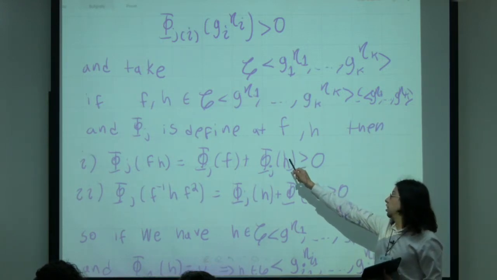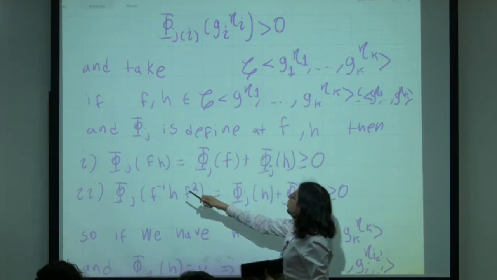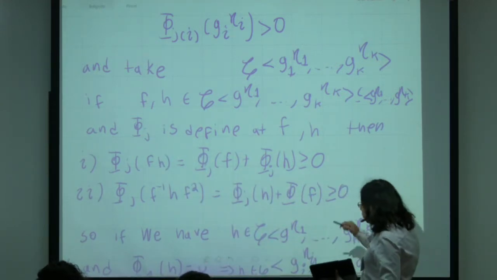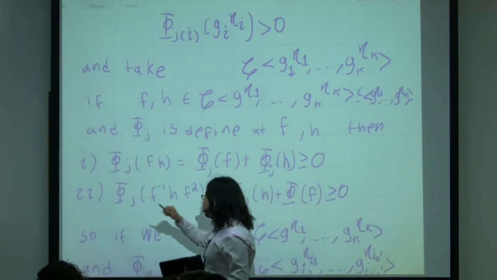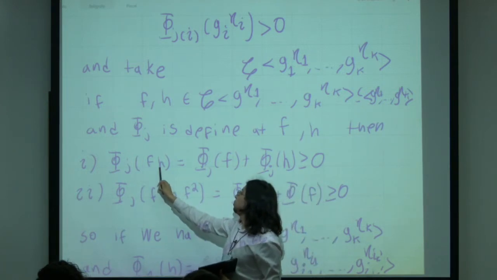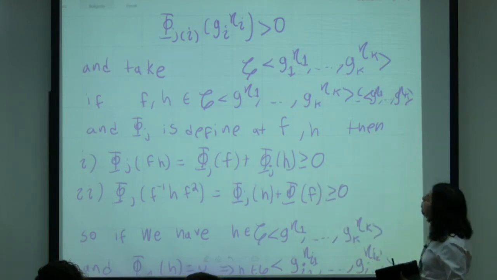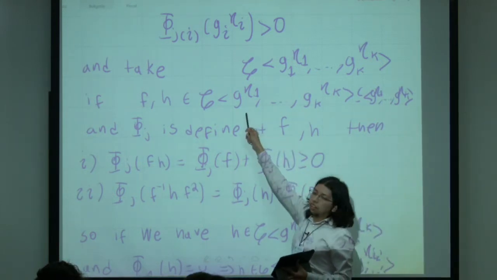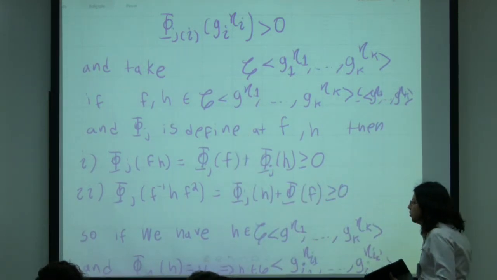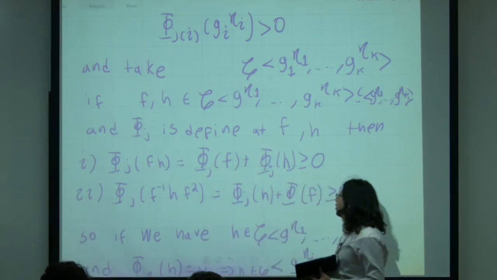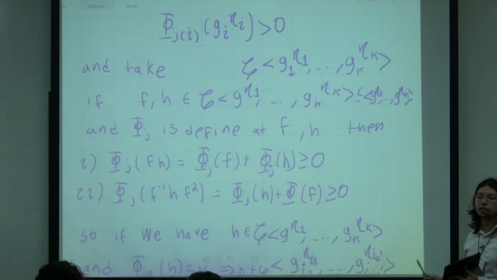If we have these two elements and the homomorphism has this in its domain, we have that the homomorphism of the product must be equal to this, and it's positive because this is positive for all the homomorphisms, and also this element that is equal to this must be positive in this homomorphism, right?